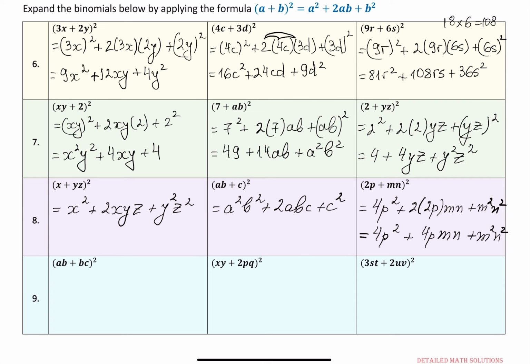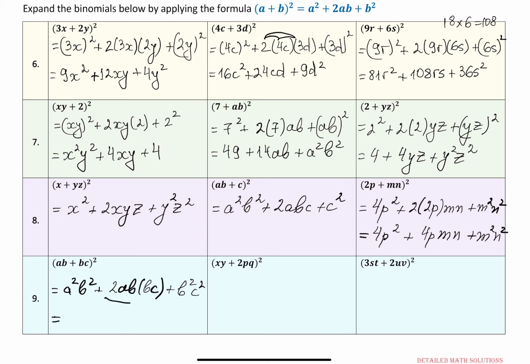Next, (ab plus bc) squared. This equals (ab) squared, or I'm directly going to write it as a squared b squared, plus 2 times ab multiplied by bc, second term, plus b squared c squared.